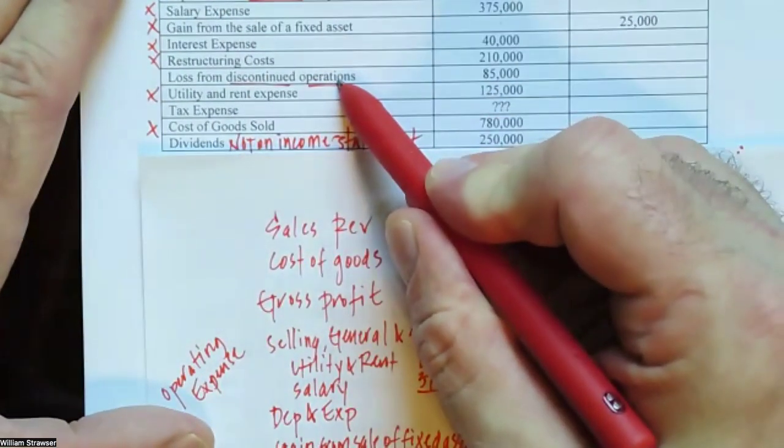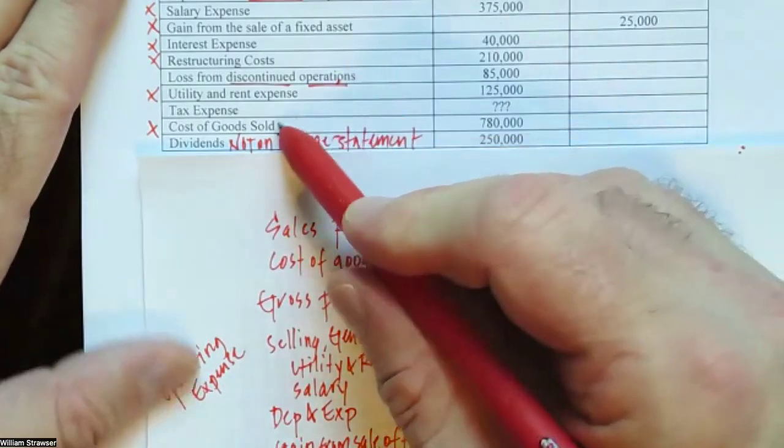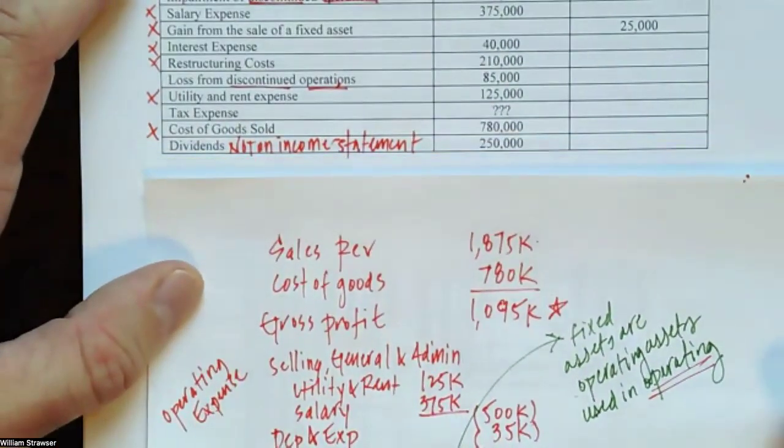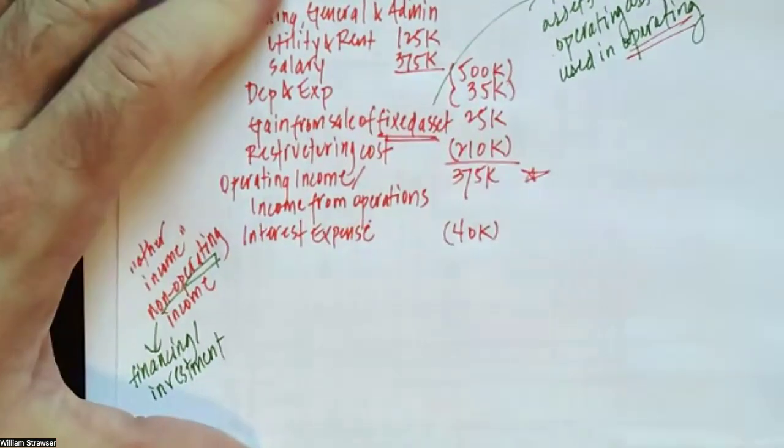Let's see, we got that interest expense. The loss from disc ops is also, again, going to be in its own section with disc ops. Tax expense will follow this section, but not yet. Listed, and that's all of them.